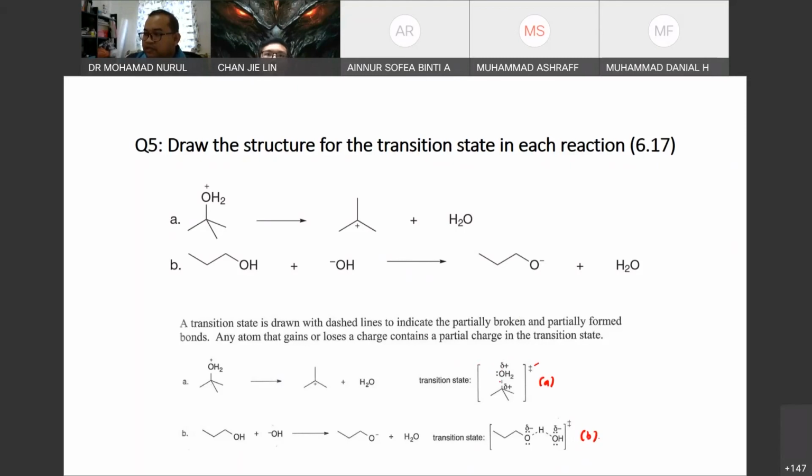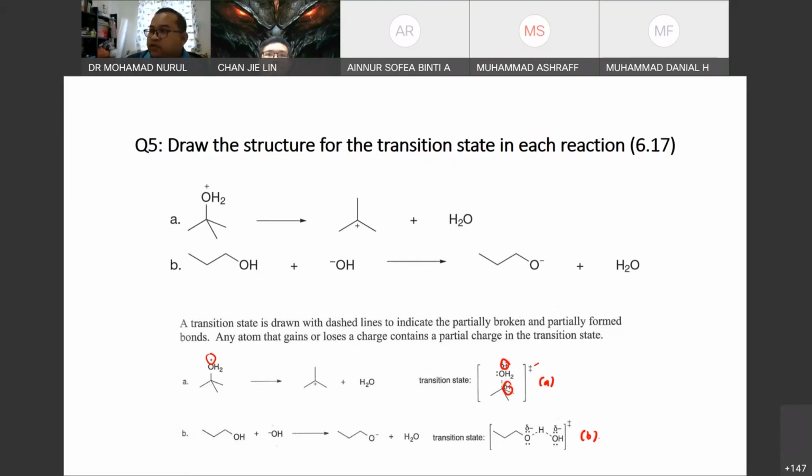So these dashed lines represent bond breaking or bond forming. Don't forget if they have charge. For example, this is a delta positive here, and delta positive here. The delta means partial. So I think it's quite right.